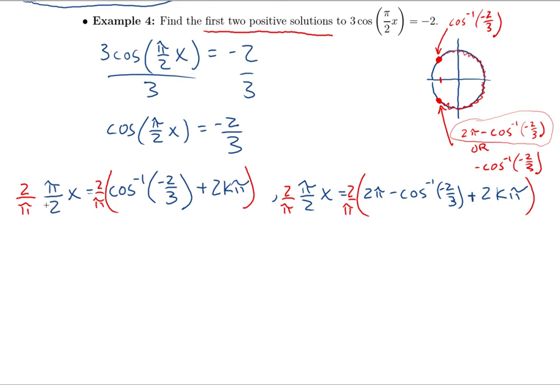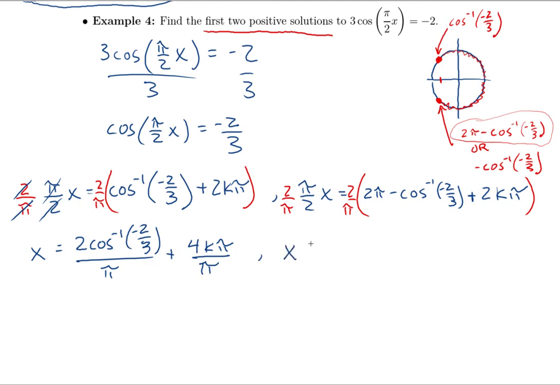So the exact form of my answer here, after all that nice cancellation happens, is 2 cosine inverse of negative 2/3 divided by pi plus 4k pi over pi.